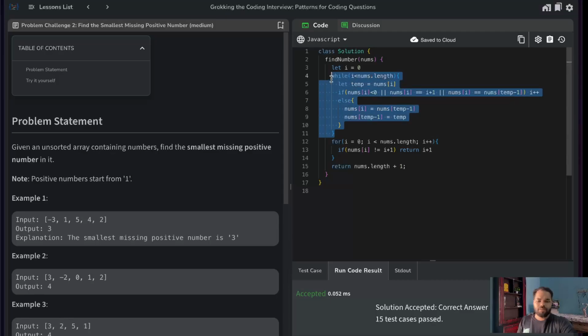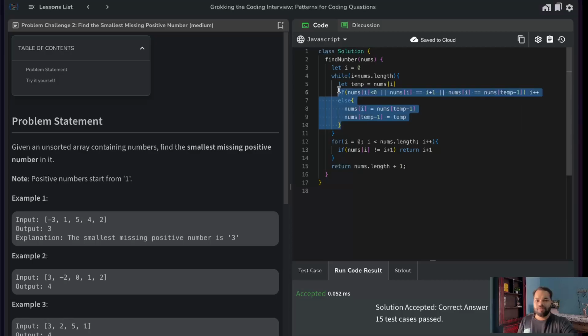We just do a cyclic sort here, and after doing the cyclic sort as we were doing earlier, the thing is, we need to look for the negative numbers also. If the numbers are negative, then we can't do anything with it. We just increase the index.